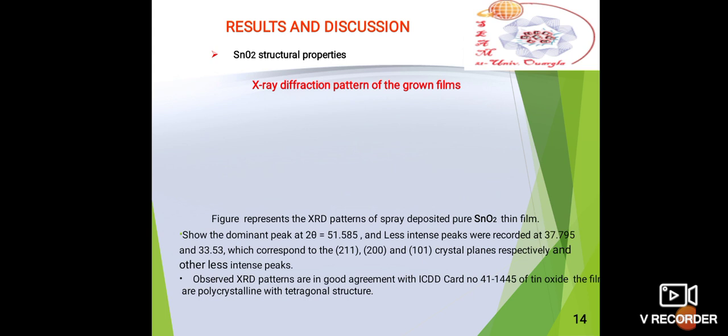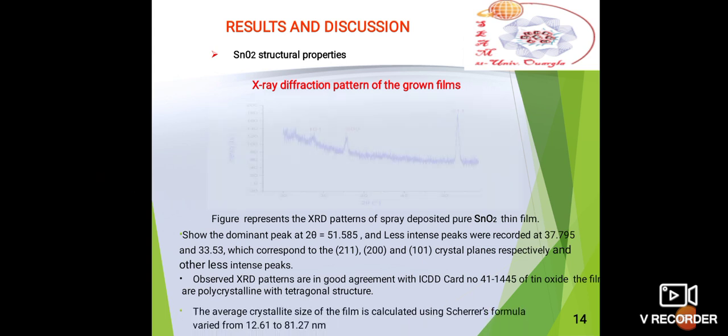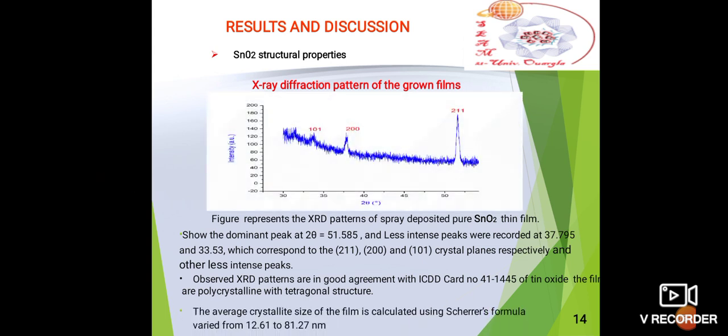Other less intense peaks observed in the XRD patterns are in good agreement with JCPDS card number 41-1445 of tin oxide film. The films are polycrystalline with tetragonal structure. The average crystalline size of the tin oxide film, calculated using the formula, varied from 12.61 to 81.27 nanometer.